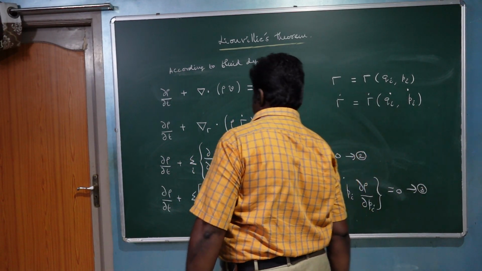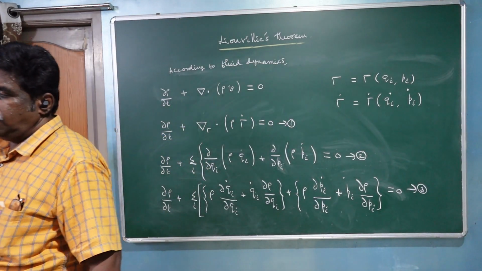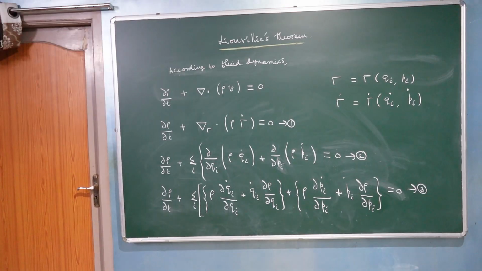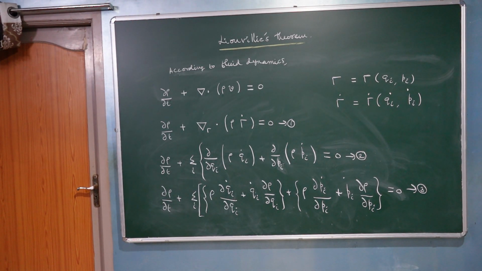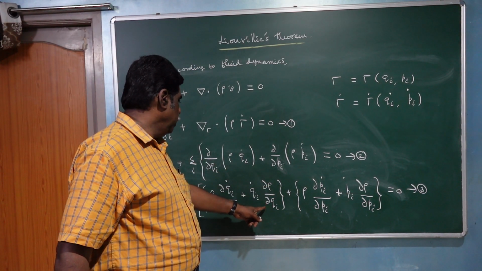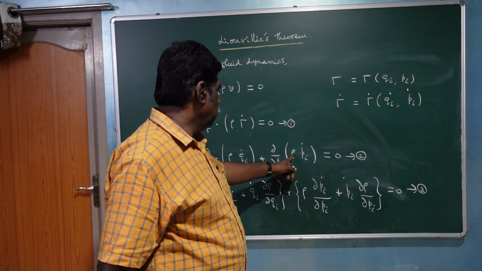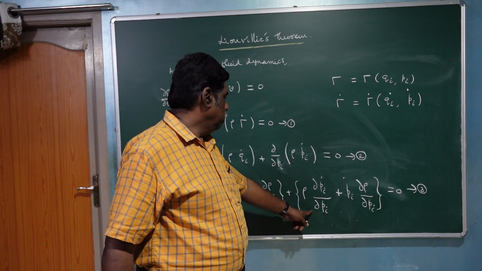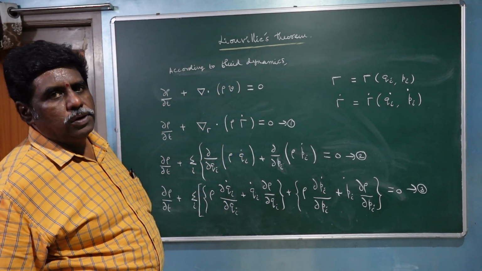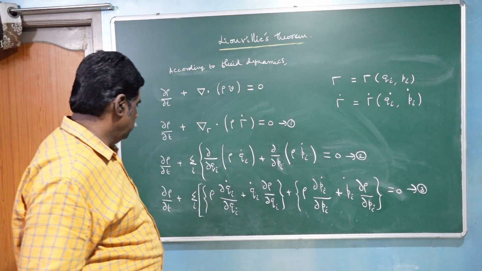This is equation number 3. We just applied the UV formula: rho dou qi dot by dou qi, then qi dot into dou rho by dou qi, plus rho into dou pi dot by dou pi plus pi dot into dou rho by dou pi, entire is equal to 0.